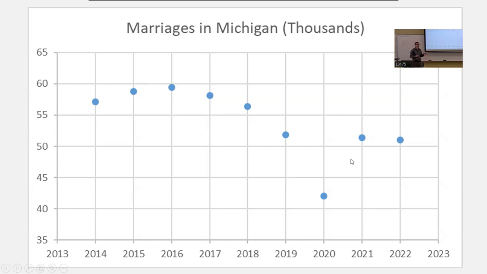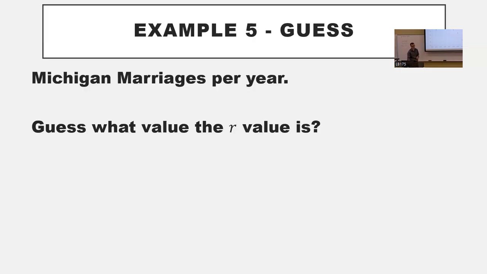So your R value is probably going to be an absolute value bigger than 0.75, but it's not going to be like 0.99, right? So if you had to guess at the R value, you might guess it to be negative 0.8, because it's negative direction, somewhere in there.